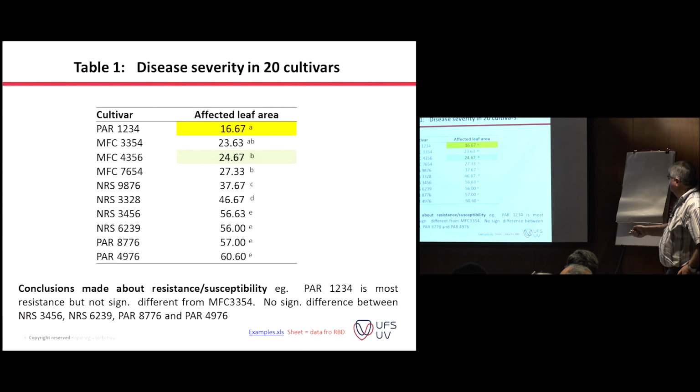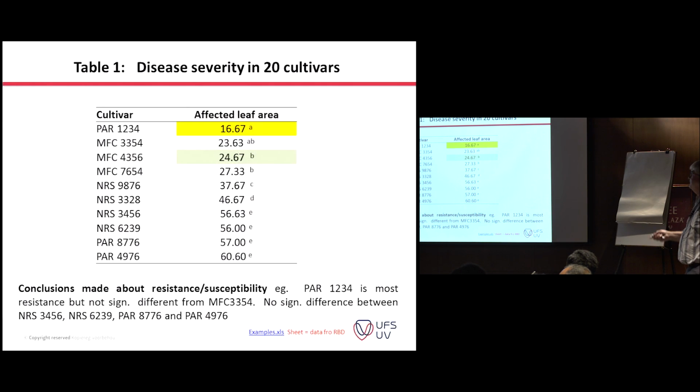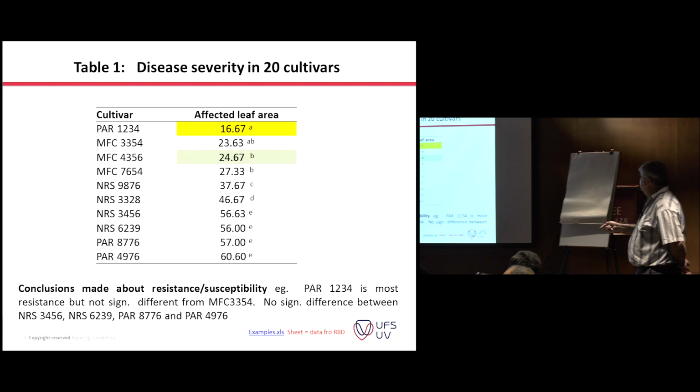Now what does that 7.23 tell me? If I take cultivars here and I list them from lowest to highest, remember I wanted to check susceptibility, I then look for differences greater than, what was the value? 7. Okay, 7, close enough. So in other words, 16 and 7, okay, they overlap.